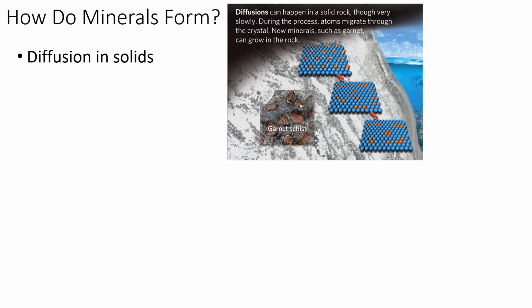So this can form things like garnets, minerals in metamorphic rocks from non-garnet minerals. This is a difficult process to visualize because we can't see it in real time. This happens deep within the earth.